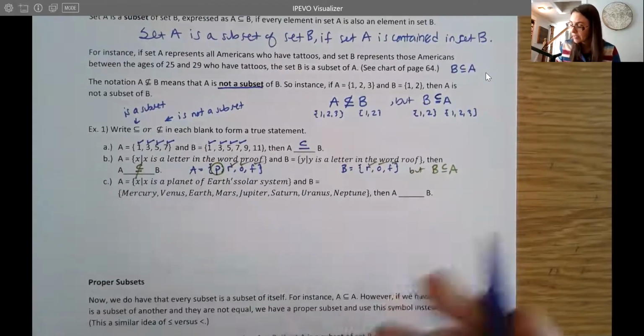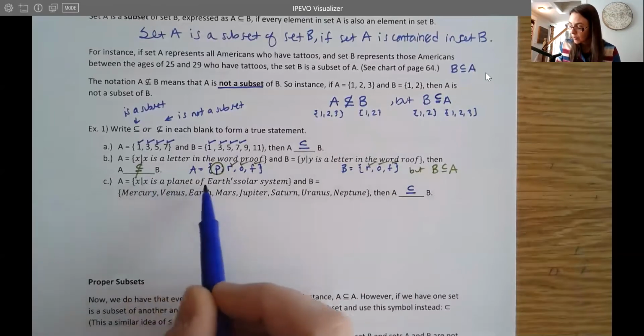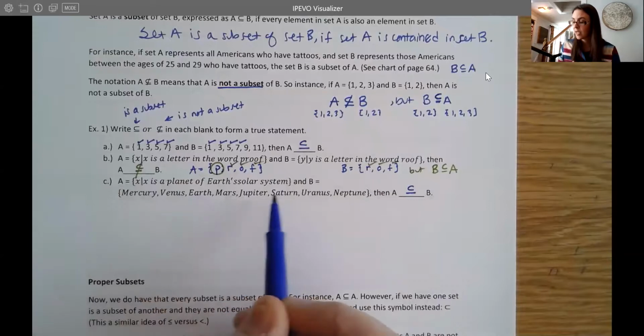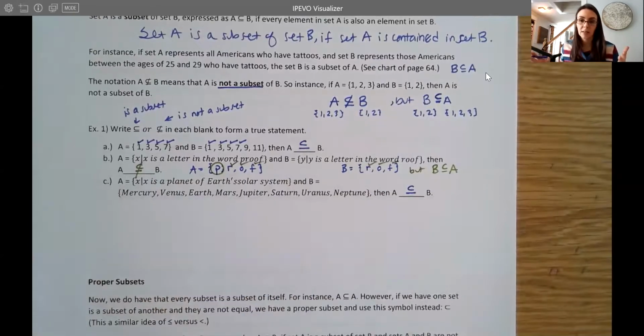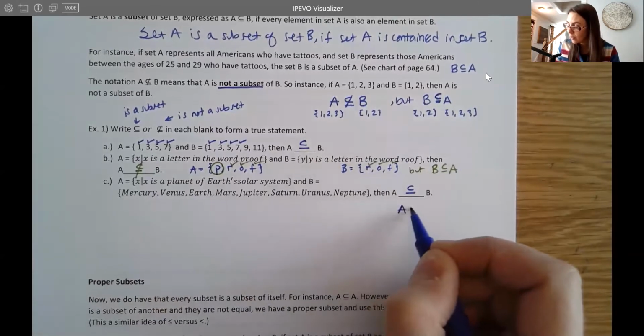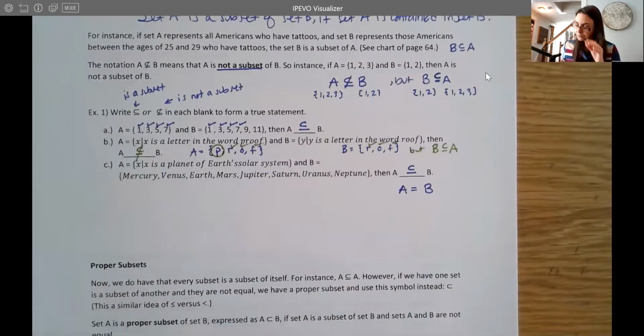So A is contained in B here, right? If A is a planet of Earth's solar system, well, the planets are Mercury, Venus, Earth, Mars, Jupiter, Saturn, Uranus, and Neptune. Those are all the planets. So everything is accounted for. A is a subset of B, and actually, we can even go further and say that A and B are actually equal, right? They contain the same exact elements here.